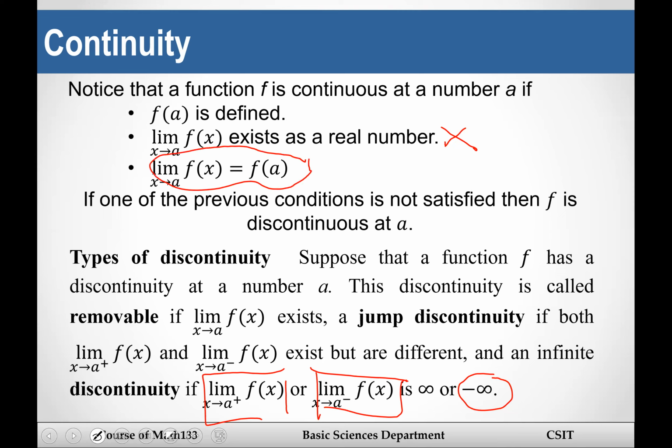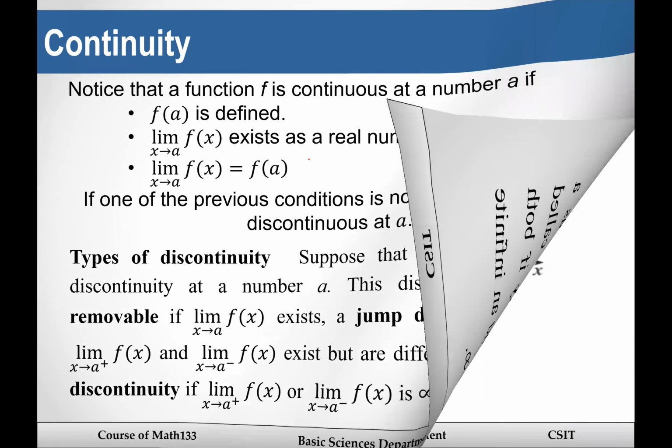So f of a is something, but the limit is going to plus or minus infinity. In any case, if the limit is plus or minus infinity, this is infinite discontinuity. The function cannot be continuous at the point A.